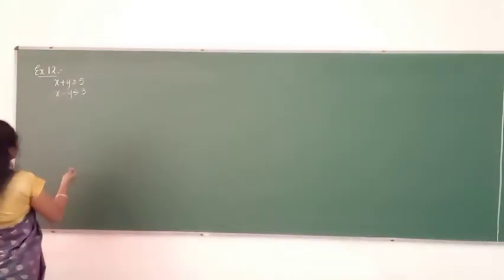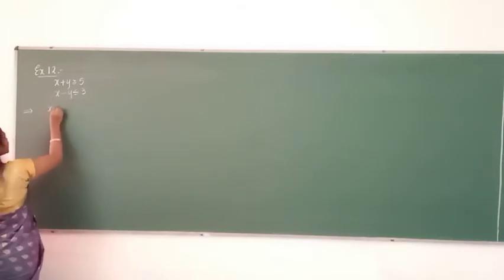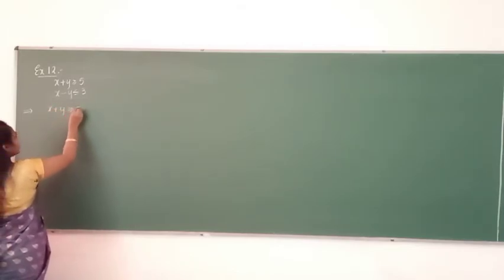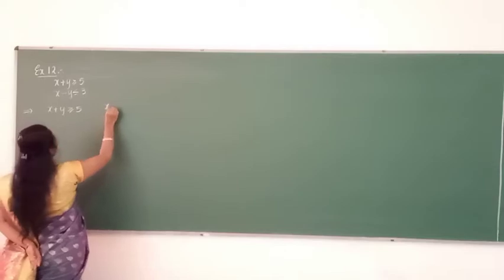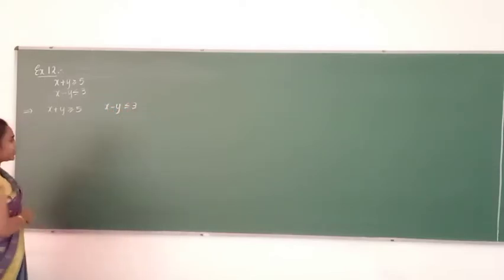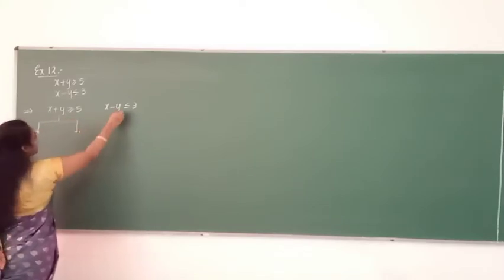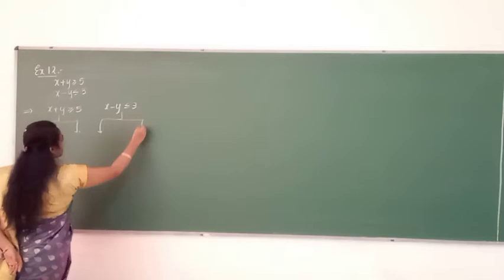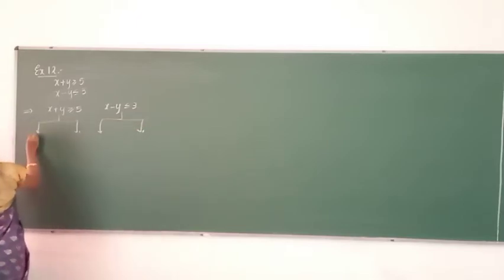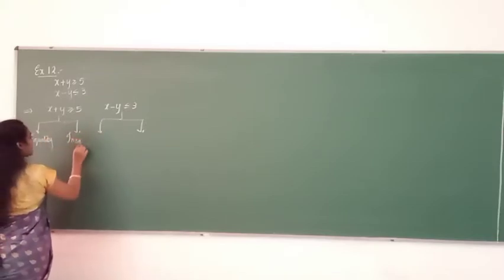It is the same method as we solved in the exercise. The first one is x plus y is greater than or equal to 5 and the next one is x minus y is less than or equal to 3. Previously we already wrote like this: equality and inequality.